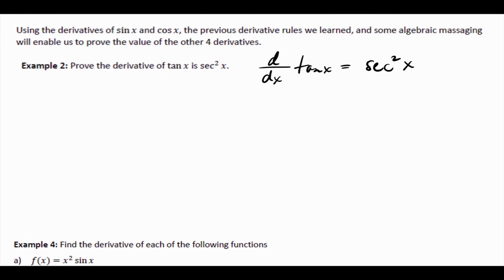What do we know about tangent? Tell me everything you know about tangent. What do we know about tangent?